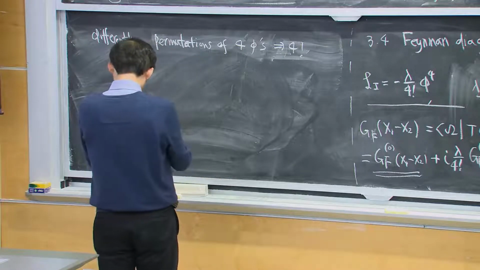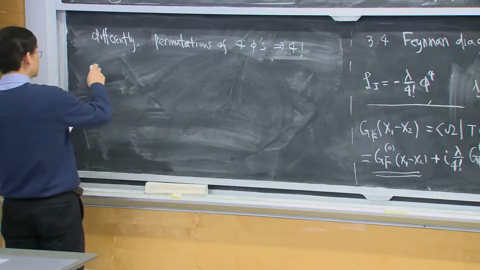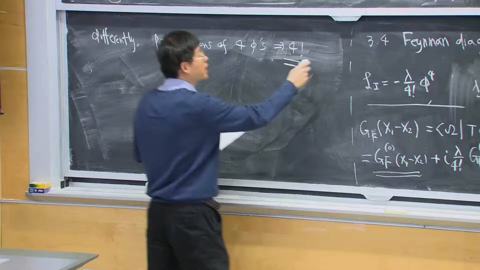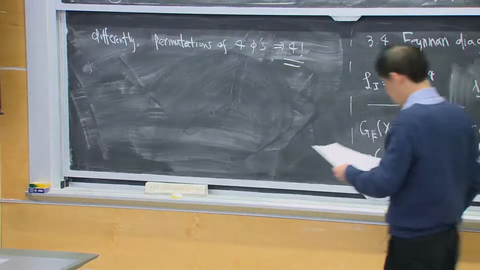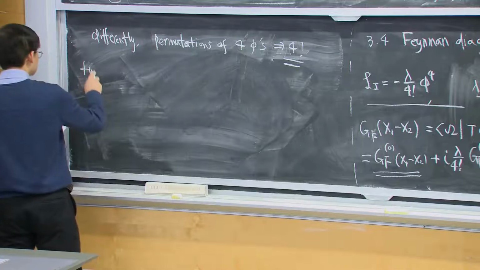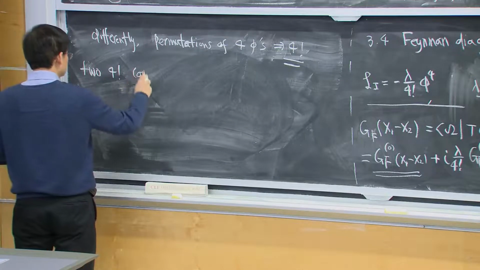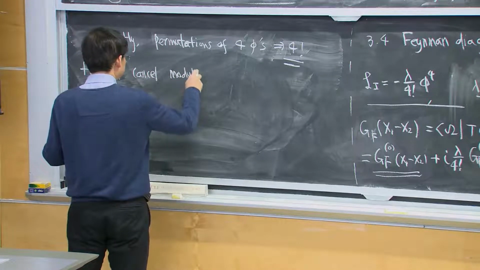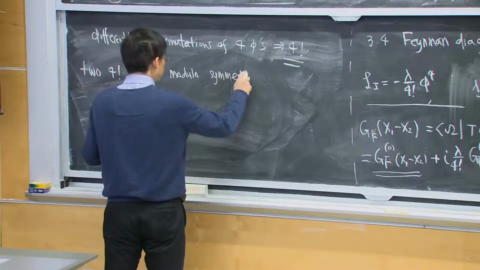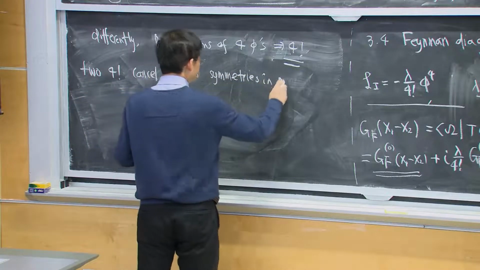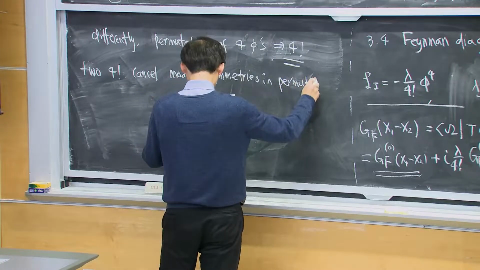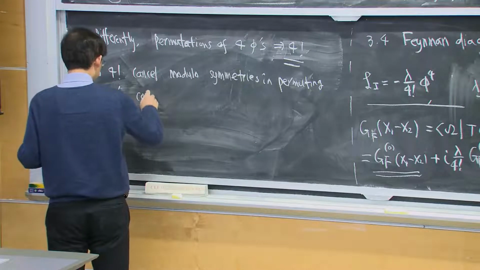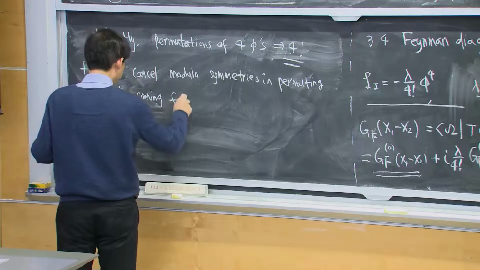So this 4 factorial again cancels with the 4 factorial in the vertex, modulo symmetries in permuting phis coming from the same vertex.